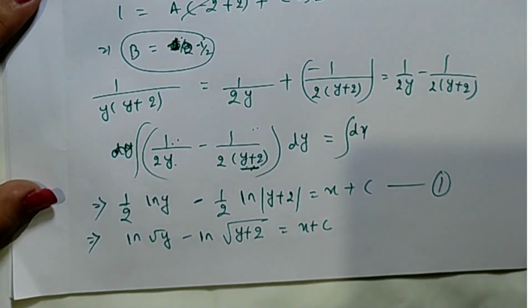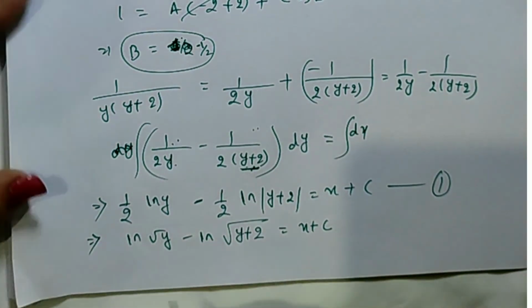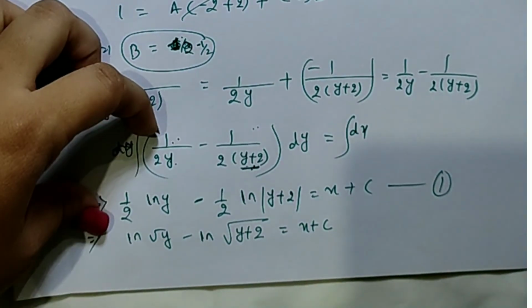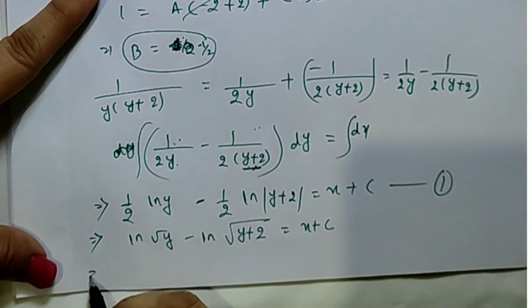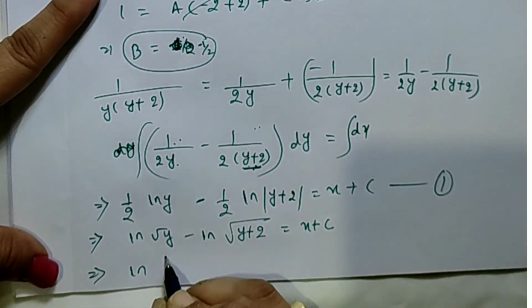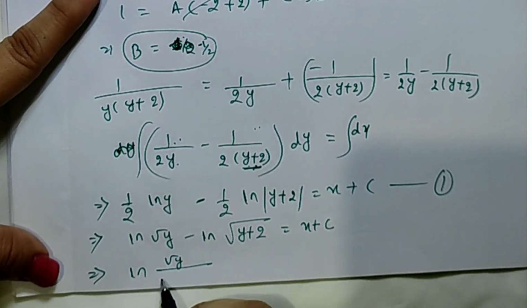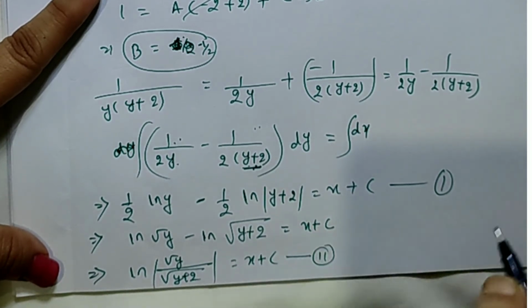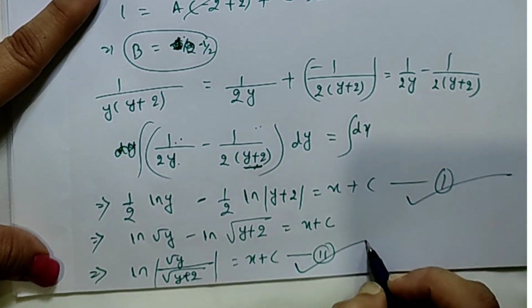Clear? Now ln a minus ln b. So I can write this as ln root y by root y plus 2 is equal to x plus c. This can be your answer.